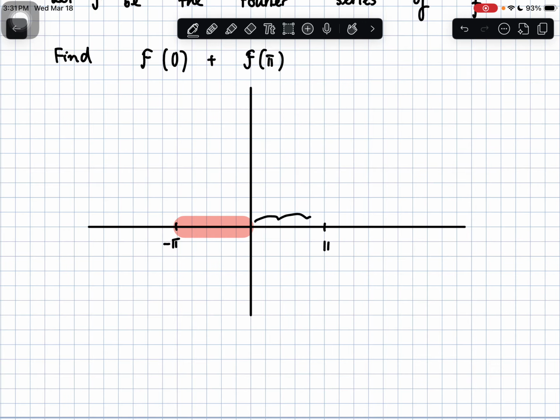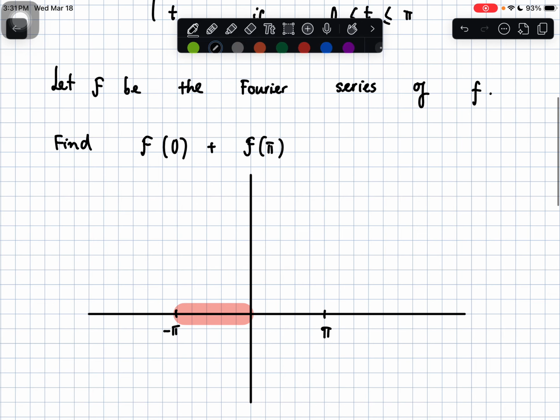And here's pi, and equal to t. So it looks like this.